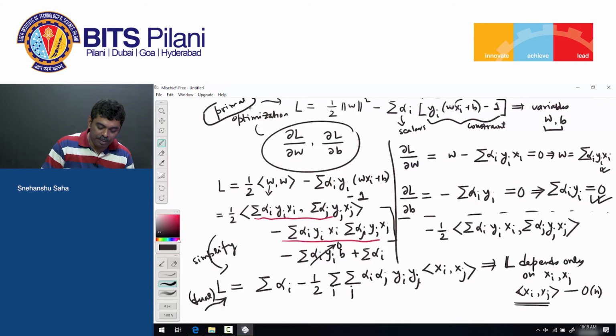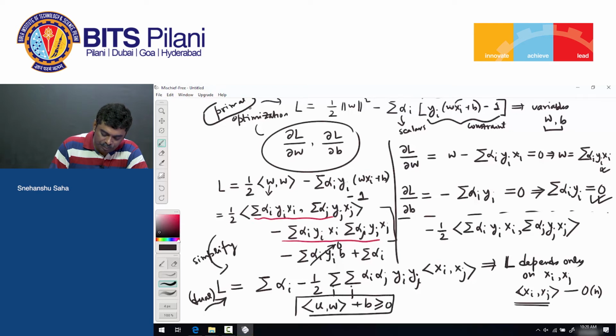So remember, we had a decision rule. If you recall, the decision rule was that you wanted something like this, and that simply boils down to taking inner products. So this was the original problem.